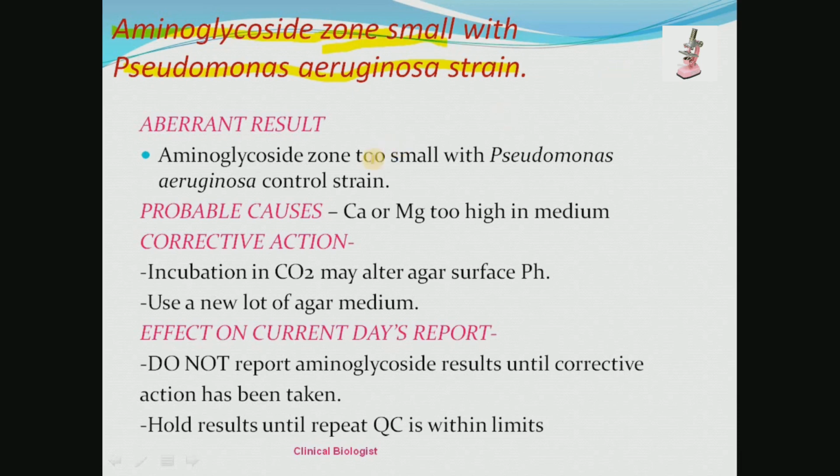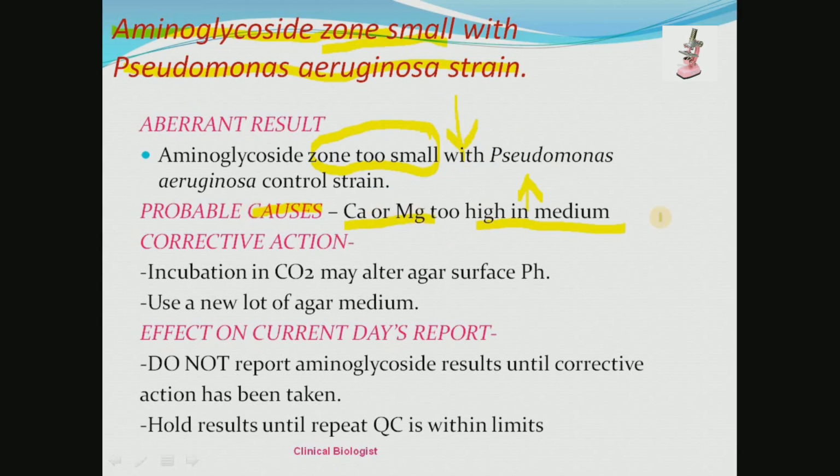First we'll see the probable cause. Calcium and magnesium are too high in the medium. That's why the aminoglycoside zone will be too small. Remember this one: increased calcium and magnesium decrease the zone of aminoglycosides while using the Pseudomonas aeruginosa control strain.